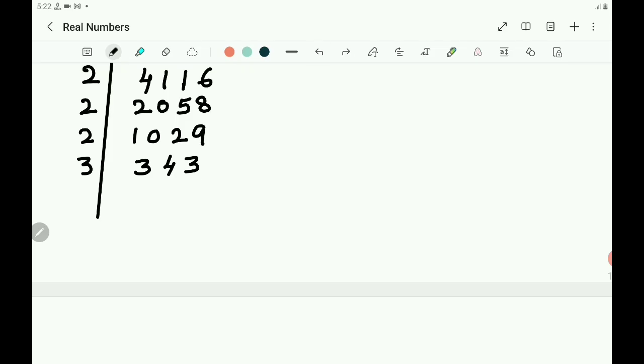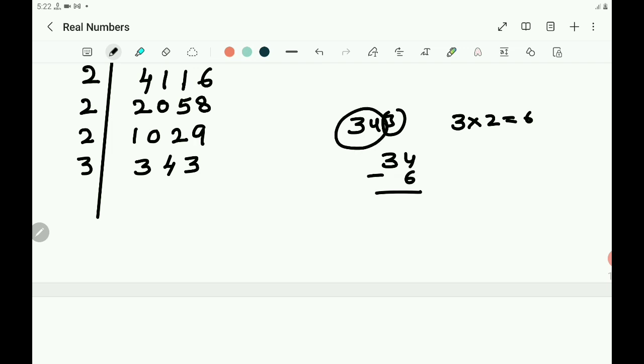So try to divide it by 7. Then what is the rule? If you take 343, take the unit digit and double it. 3 2s are 6. Then you take 34 minus 6. Take the truncated remaining number. And 34 minus 6. You know that 6 is larger than 4.